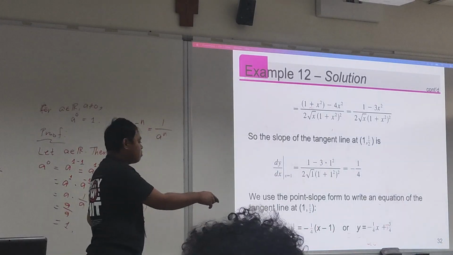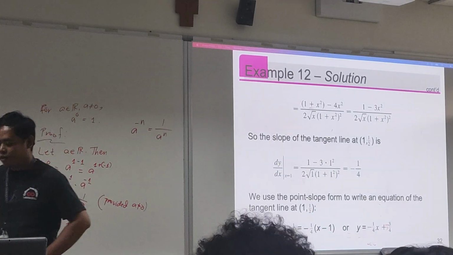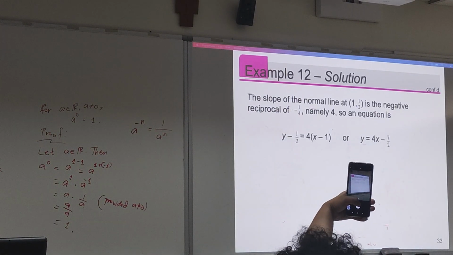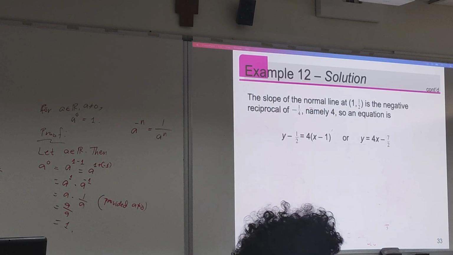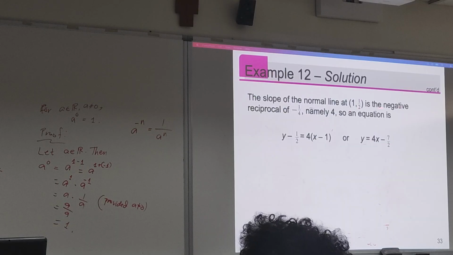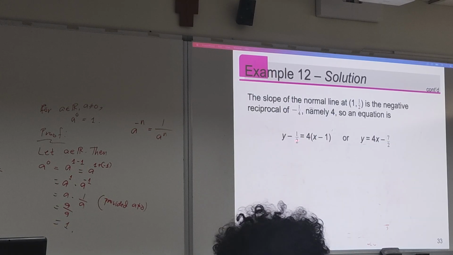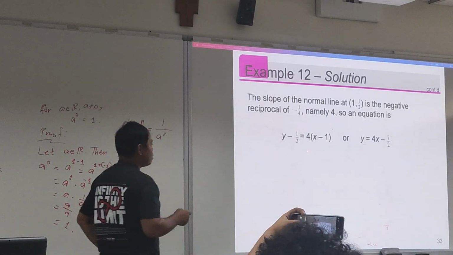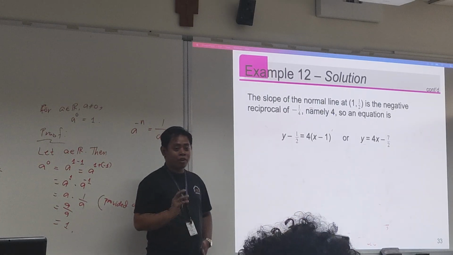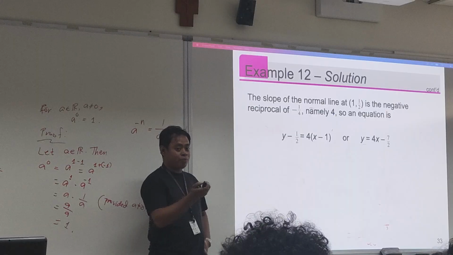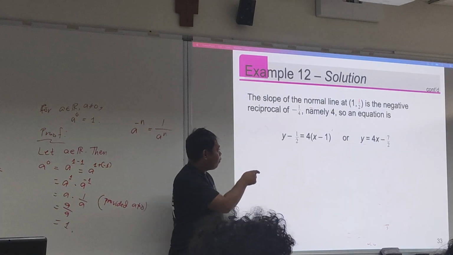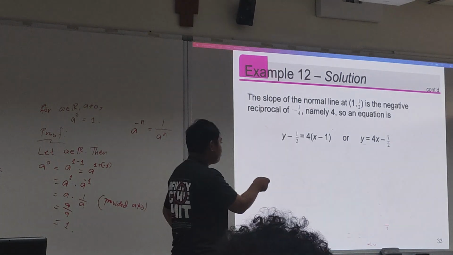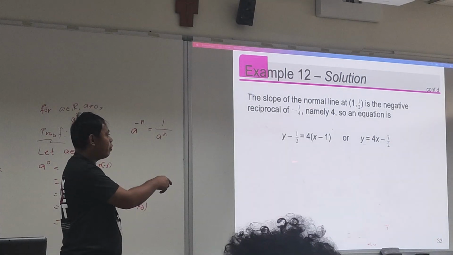Or you can simplify this one and you will get this one. Since the slope of the normal line at 1/2 is the negative reciprocal of negative 1/4, diba? So this is your slope. Normal lines are perpendicular, so meaning the negative reciprocal of negative 1/4, your m must be 4 for this one. That's why you have this equation for your normal line.